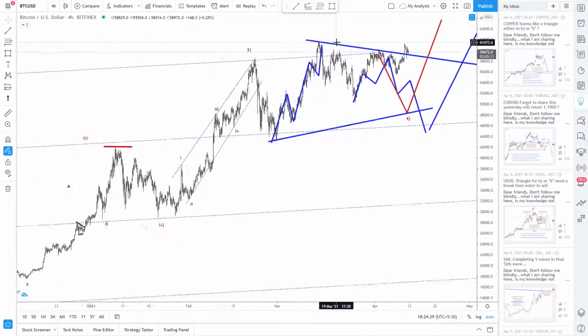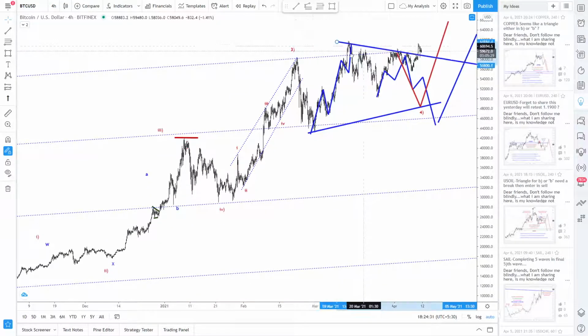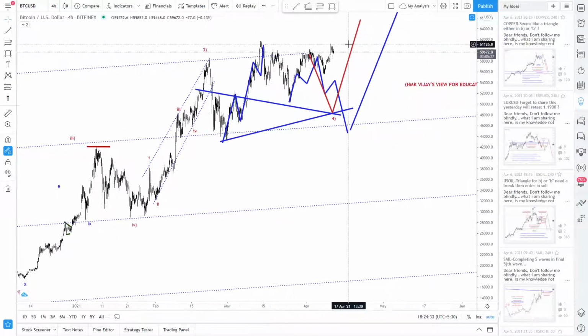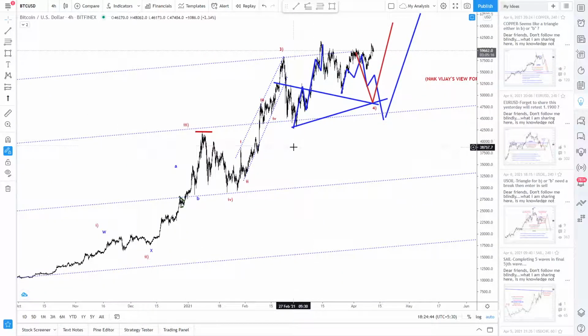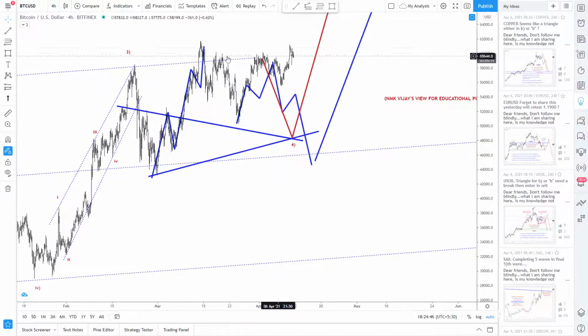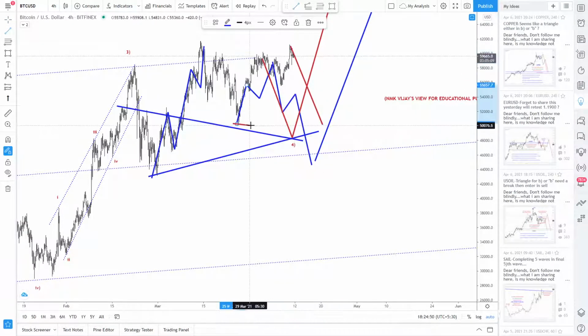So I think it won't shoot from here itself. That is my bias, and there is no alternative view here. Whether it is going to be the end of that ending diagonal, if it breaks this low again, then it can be a five-wave structure and again one more three-wave structure.